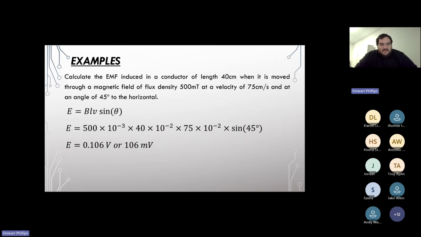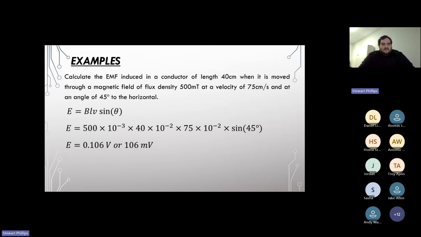So when we do this calculation, the best thing to do is use brackets. So bracket 500 times 10. The best way to do it is use this times 10 button here at the bottom of your calculator. And then you put the negative, and the best way to do the negative for this is to use the negative button here.